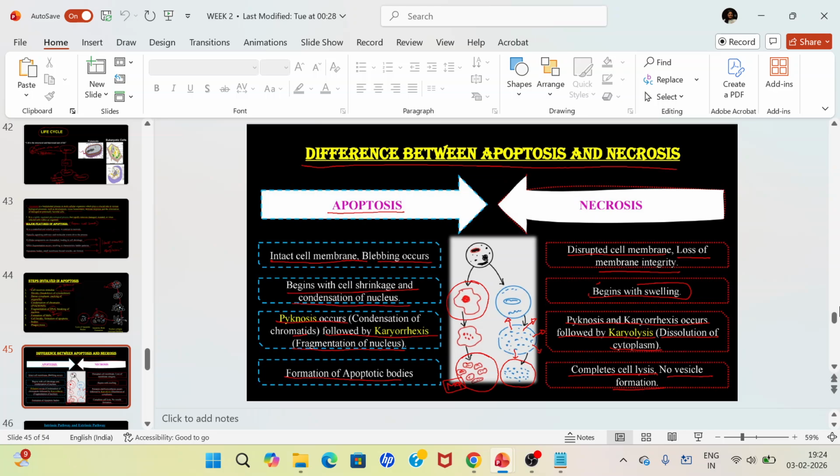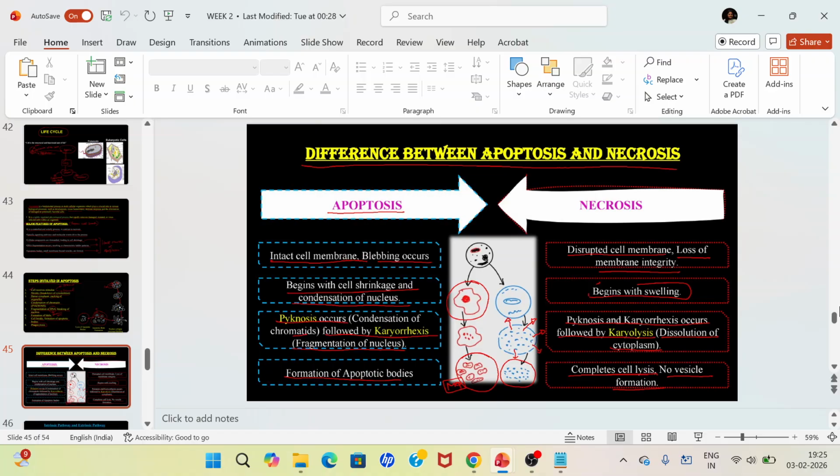nearby cells. While in case of necrosis, the cell membrane is disrupted, leading to the loss of membrane integrity. It begins with swelling, then condensation of chromatin and fragmentation of the nucleus occurs, followed by the dissolution of the cytoplasm.